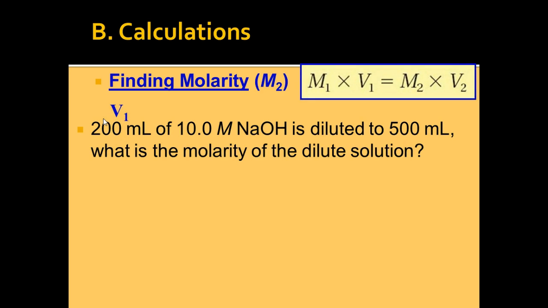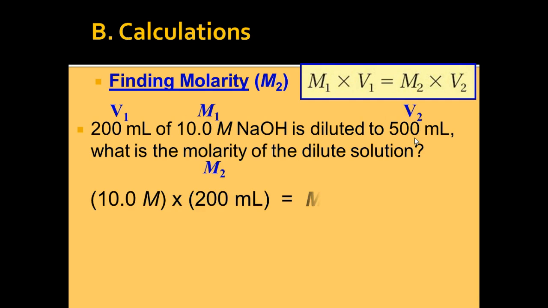Then we have M1 right there, which is the molarity of the first one. Whenever we have these word problems, usually the two that are grouped together are literally right next to each other. Then we have a diluted solution, so this is V2, the volume of the second one, and then we're solving for M2, the molarity of the second one.